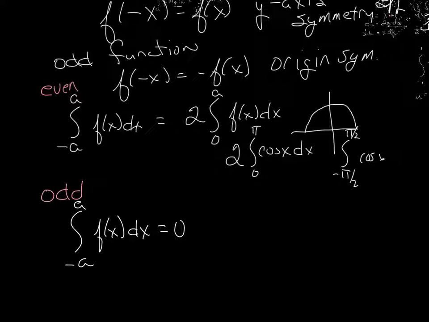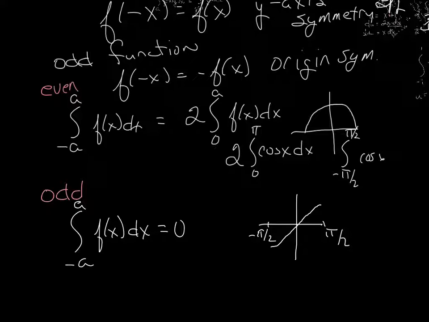A good illustration, say if we did from negative pi over 2 to pi over 2 for the sine. It's going to look something like this. And what happens to those areas? Here you have a negative area and a positive area that cancel each other out.